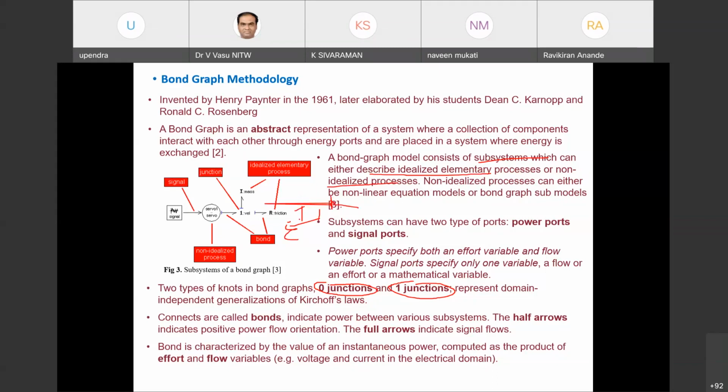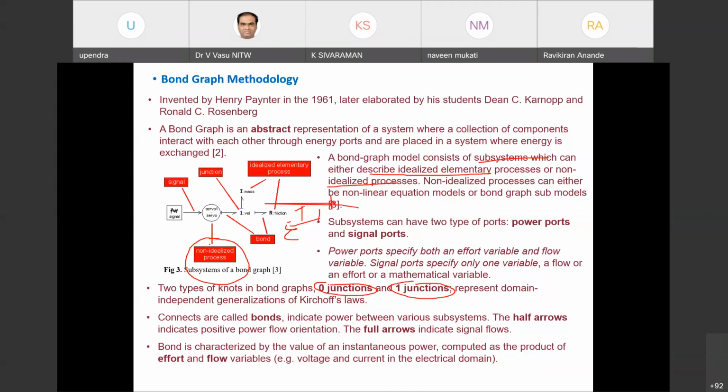If it is a non-idealized process, then it is a subsystem, and further subsystems may be connected, which is called the non-idealized process. You can connect the bonds between the zero junction and one junction.